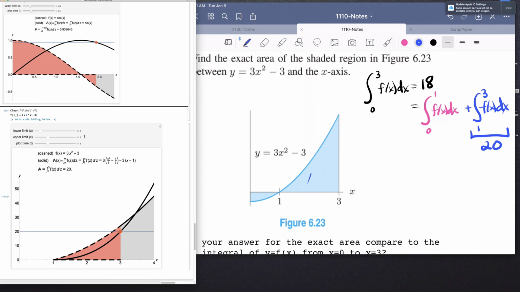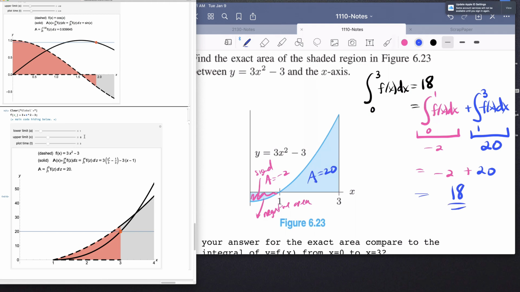That is a positive signed area. And then the other value was negative 2, so we had a negative area, an area below the axis, of signed area equal to negative 2.